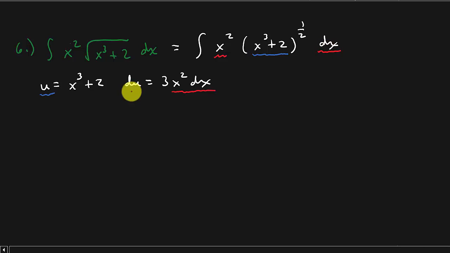But I don't have the 3. I need a 3. Well, let's see. Since we need the 3, how about we just add the 3? Let's just multiply by 3. And now, look at this. It all matches. And so all of this underlined in red, I can replace with du.